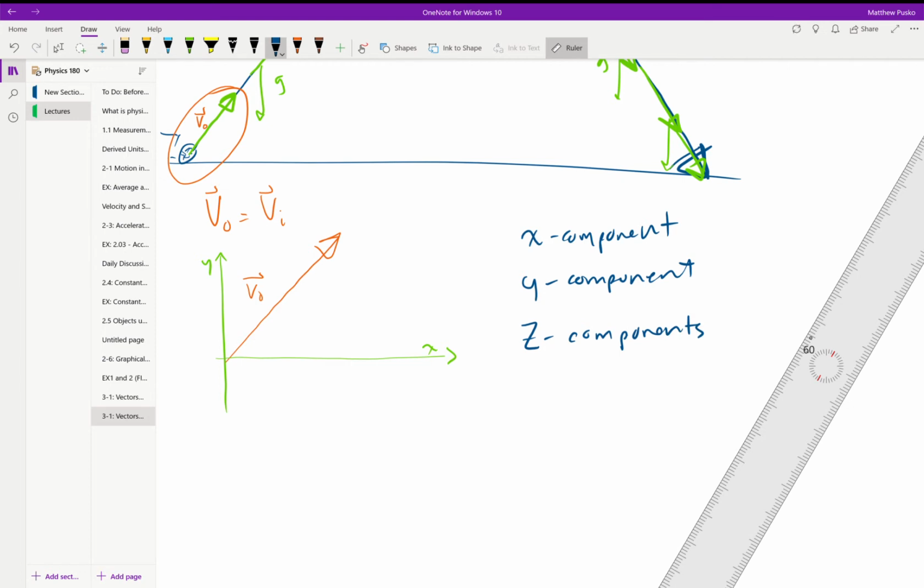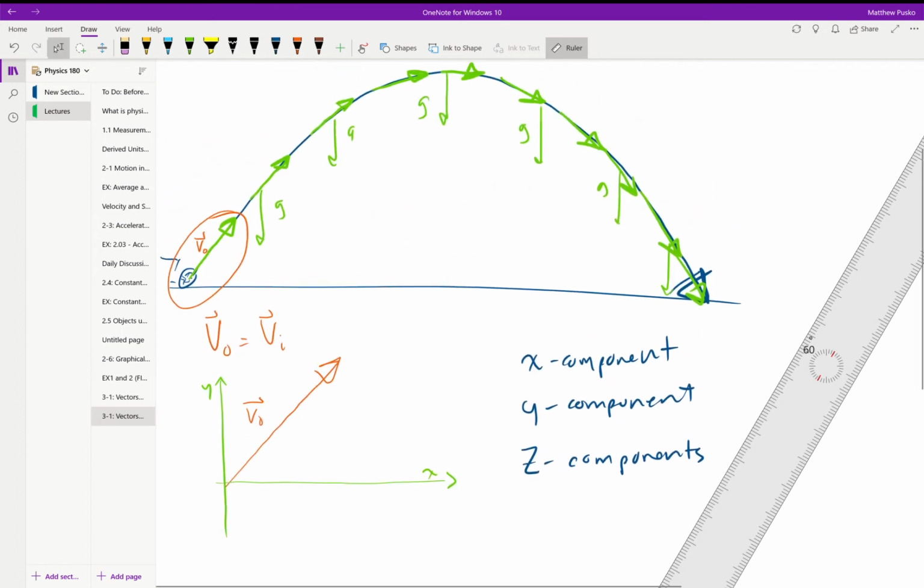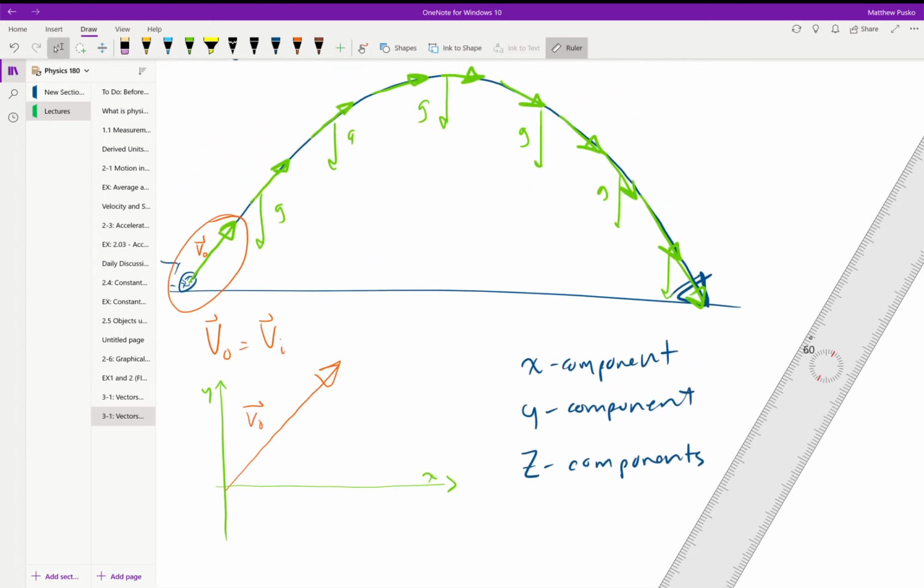Okay, so when we're given a projectile problem like this, they will give us the speed at which it's kicked, so the magnitude of V naught, and they'll also give us this angle. It's the angle from the x-axis.